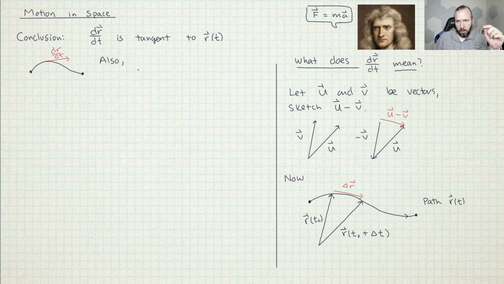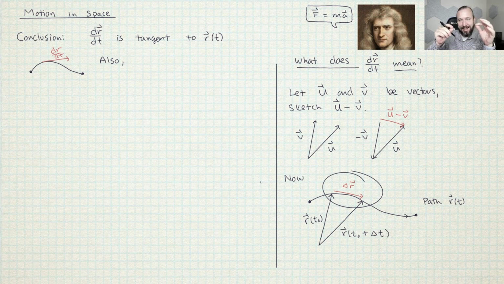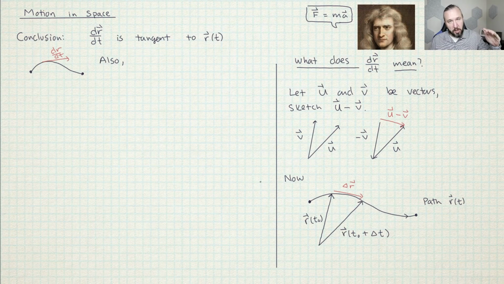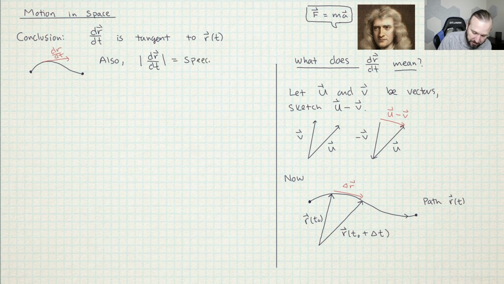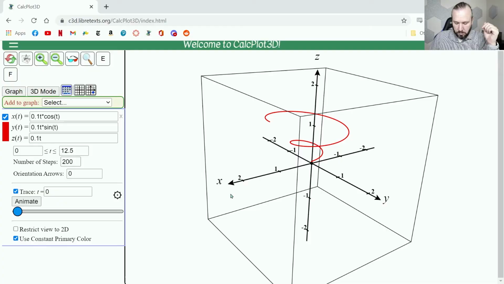If r was moving along the path faster, then each one of these red lines would be longer as I was taking the limit. Therefore, the derivative of r is tangent to the curve, and the magnitude of the derivative is the speed that the particle is moving.